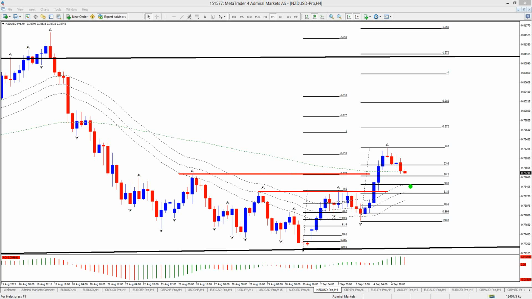We also have our band right in here. And those bands, by the way, are once again 34 EMAs, but the difference is close, open, close, high, and low. And I use them on all time frames, by the way.